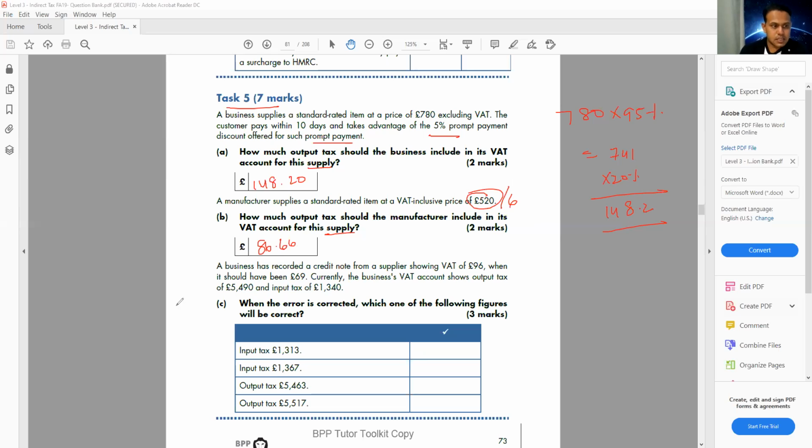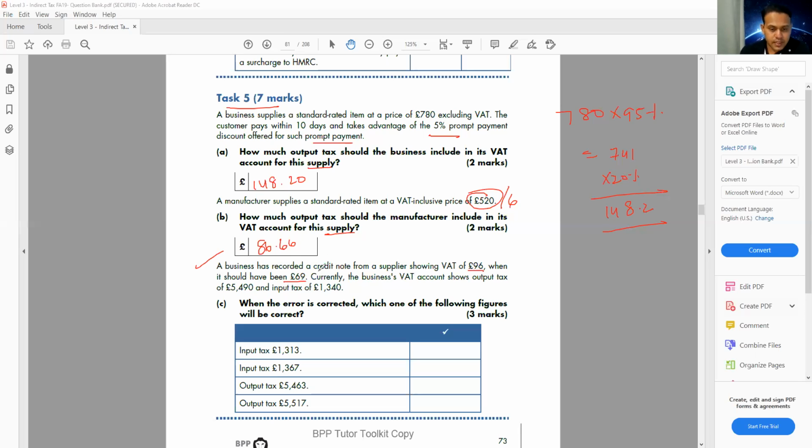All right, let's have a look at the next one. It says a business has recorded a credit note from a supplier showing VAT of 96 when it should be 69. So it's supposed to be 69, but mistakenly we wrote 96.